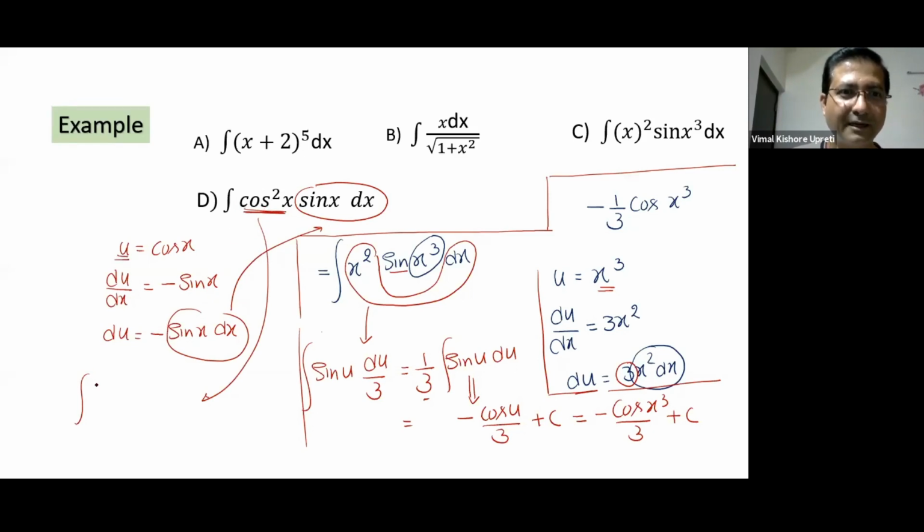Cos square is written, that means u square du. And then this minus sign, minus du I am writing. So if you integrate this one, you will get u cube by 3 with minus sign plus constant. What is u? u is cos x. So cos x whole cube is coming now, divided by 3 with minus sign.